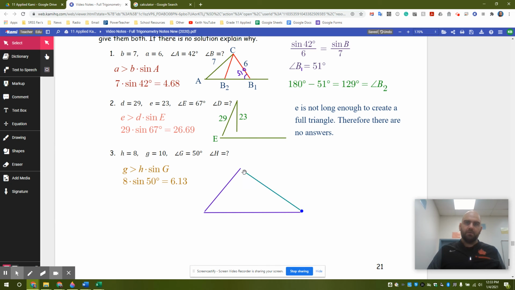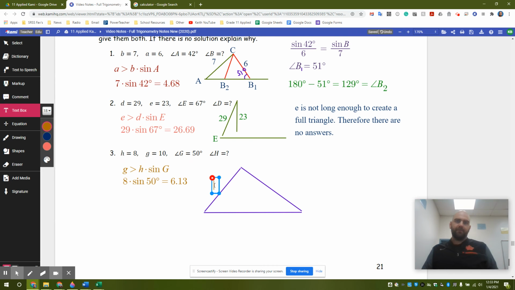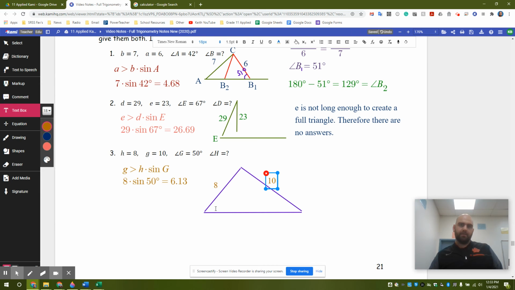Let me try to make this look a little nicer. So this here is 8, this one here is 10, and this angle is 50. We're trying to find this angle right here.